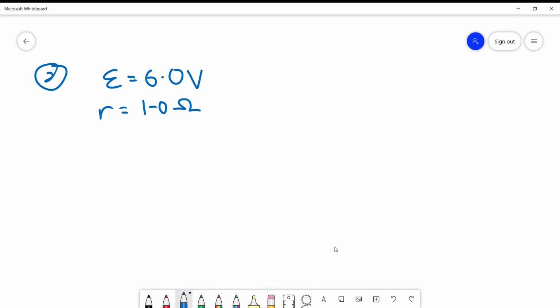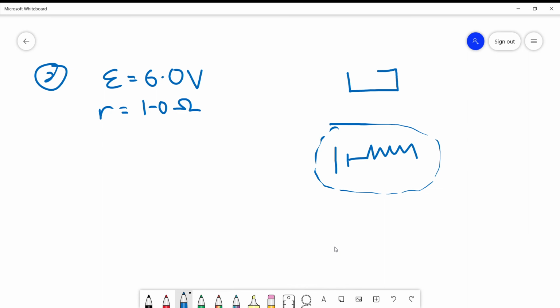And the diagram basically is in this form. Let me just draw it again. I have my battery, and I have my first resistor, and I have my second resistor.